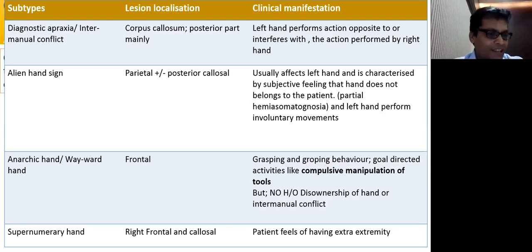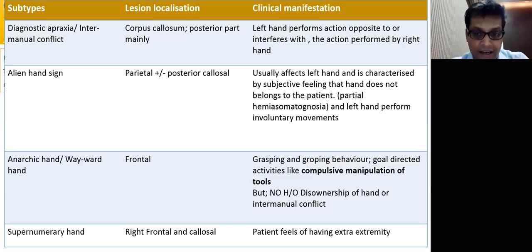What is frontal alien hand, also called anarchic hand or wayward hand? It is an extension of the frontal utilization behavior sign, where the patient tries to grasp whatever objects are around them.